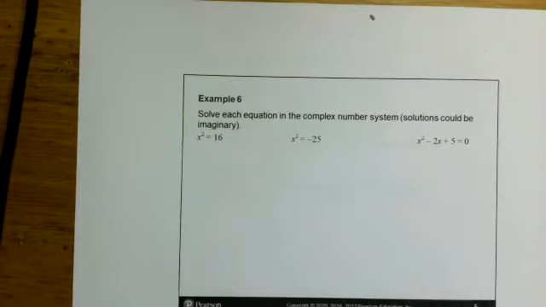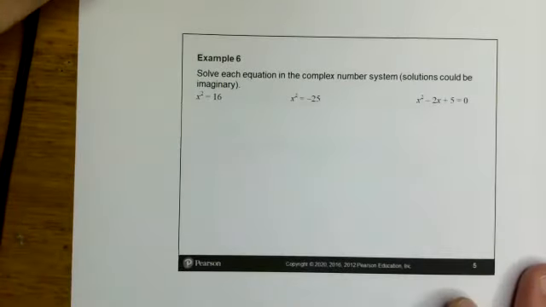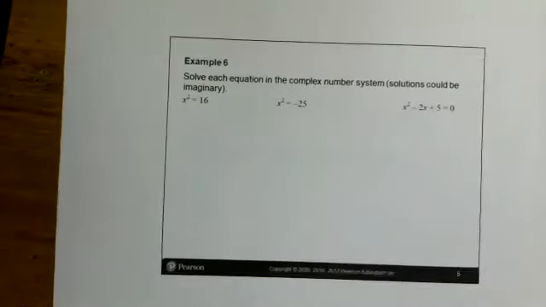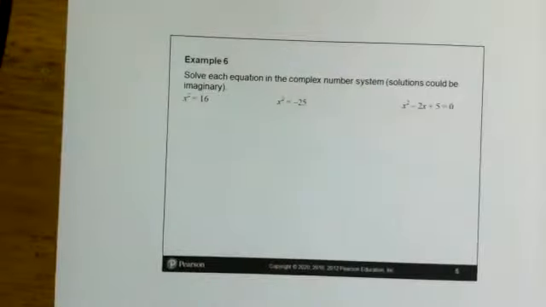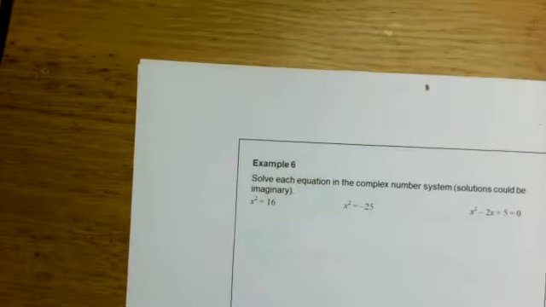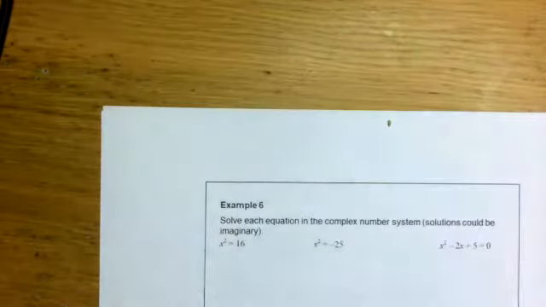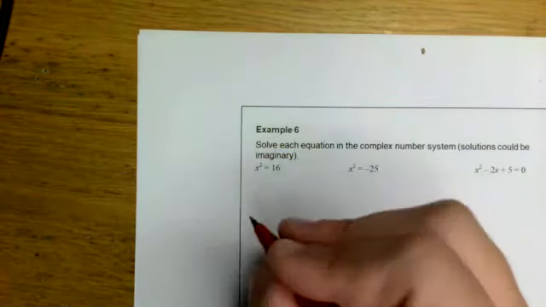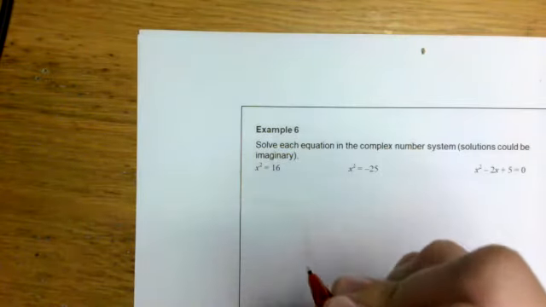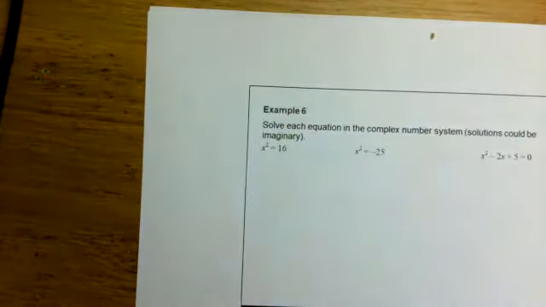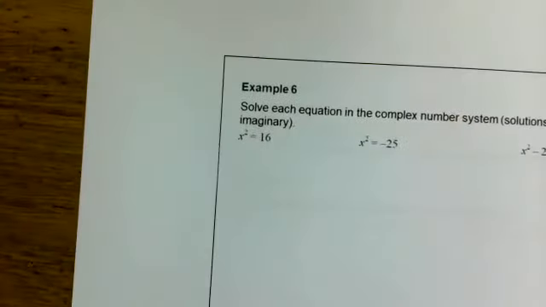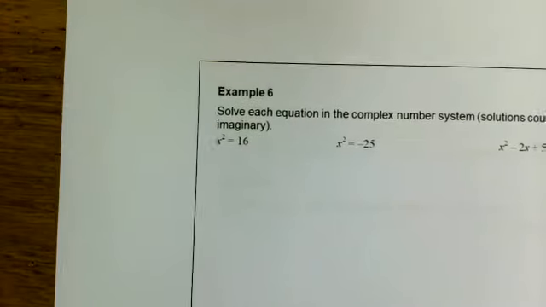Solve each equation in the complex number system. Your solutions might be imaginary. So all we're doing here is solving for x, okay? X squared equals 16. If I want to get rid of the squared, I just do the opposite.